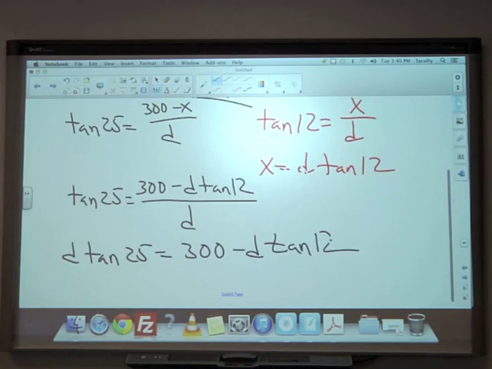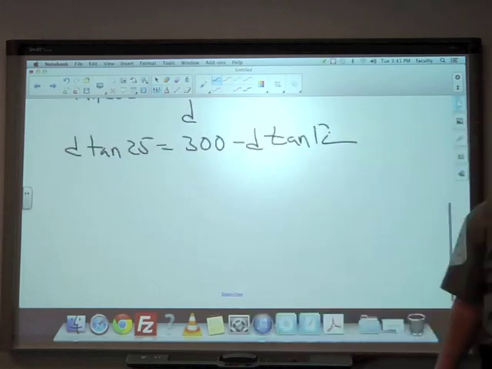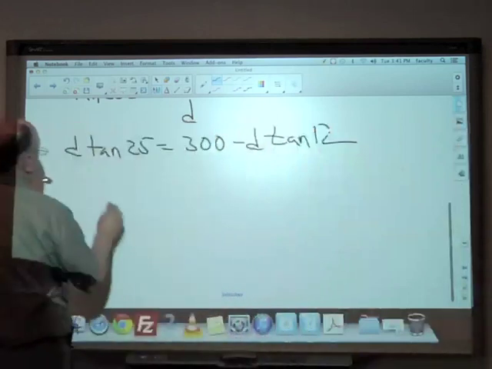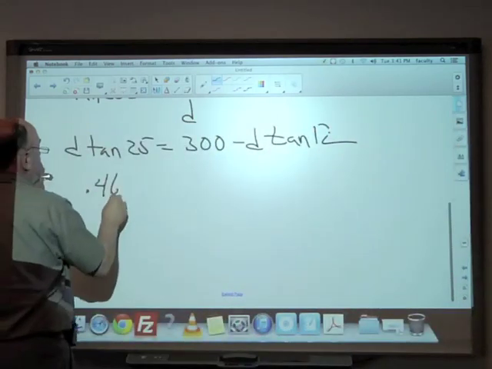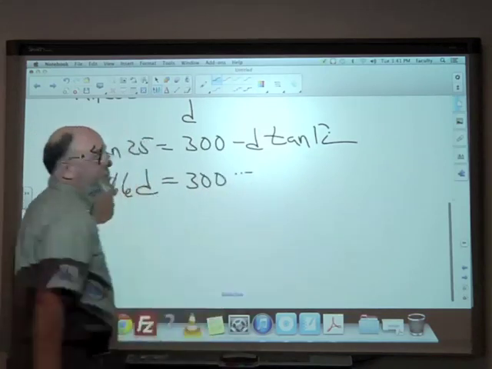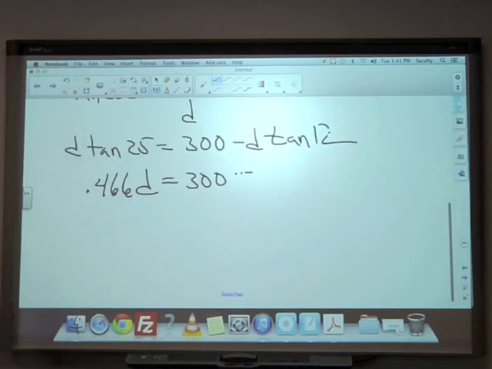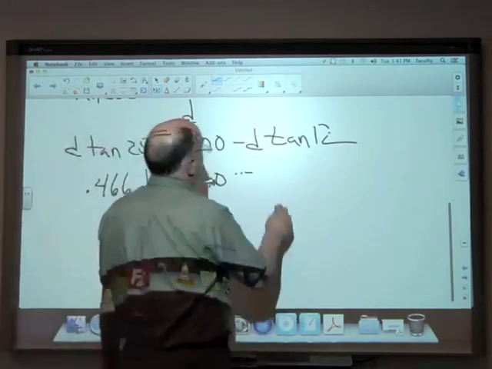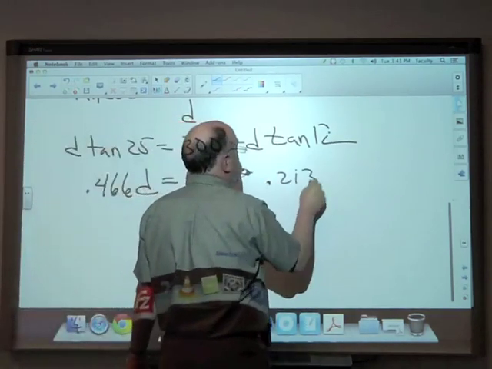Well, on the calculator, you can find the tangent of 25. Go tan 25. That should come out to be basically 0.466D. The tangent of 12 is basically 0.213D.